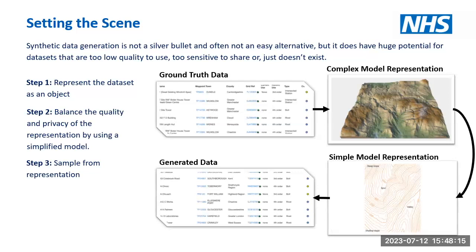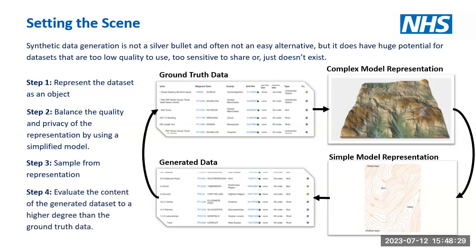So on this map, you could do a Monte Carlo thing where you're just taking random points. You create a whole new set of trig points, and they should have the same features as your original data, but they don't actually cover your original data. We'll talk about that more. But the last stage is that we then need to evaluate the data back to the generated in terms of its fidelity and its privacy.